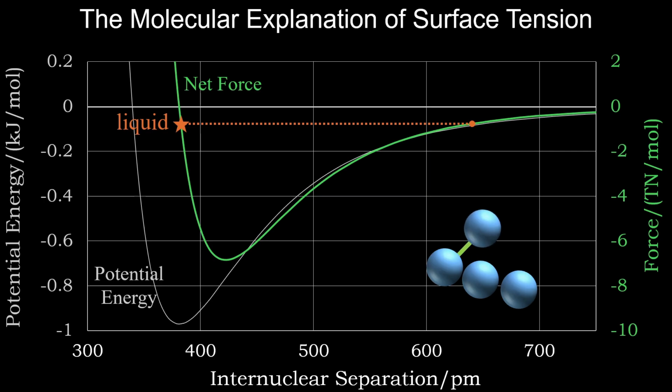The green bond indicates that the separation from its neighbor has increased, and since its internuclear distance has increased, its attraction for that neighbor has increased. If the separation had been less, or even less, the attraction would be greater and the surface tension would be larger. That is the molecular cause of surface tension.